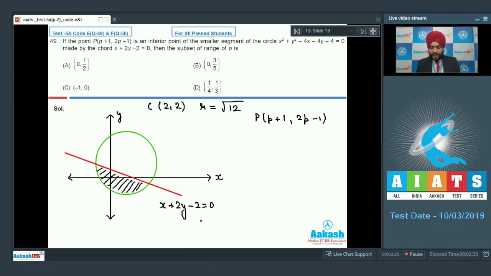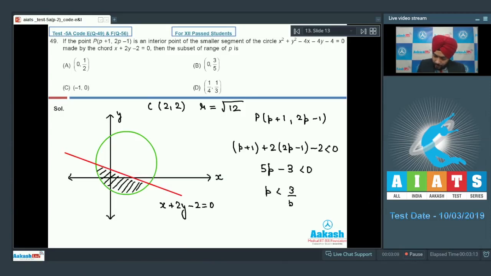Students, obviously if we write the condition of point P with respect to the red line, we can say that origin is giving negative sign to this particular line, so point P will also give the negative sign to this particular line. So we have p plus 1 plus 2 times 2p minus 1 minus 2 less than 0, which will give you 5p minus 3 less than 0. So p less than 3 by 5.